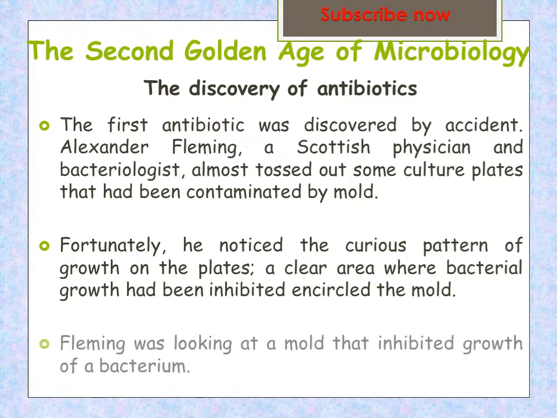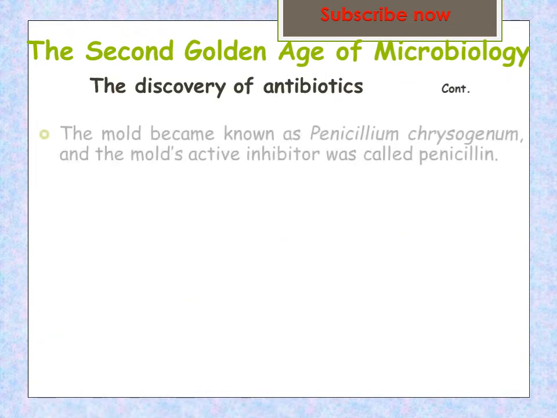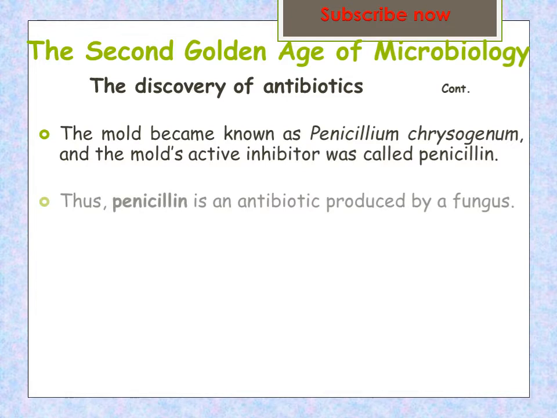Fleming was looking at a mold that would inhibit growth of a bacterium. The mold became known as Penicillium chrysogenum, and the mold's active inhibitor was called penicillin. Thus, penicillin is an antibiotic produced by a fungus.